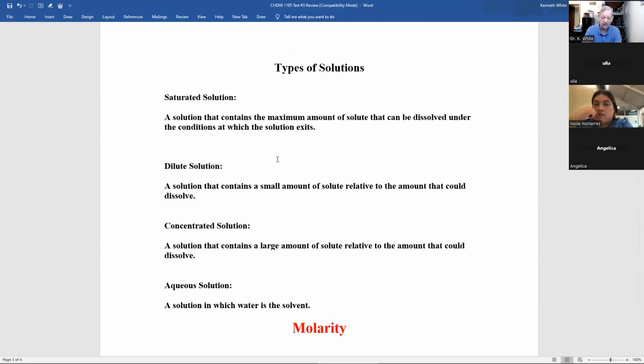Next, we have a dilute solution. A dilute solution is a solution that contains a small amount of solute relative to what you could dissolve. A concentrated solution is a solution that contains a large amount of solute relative to the amount that could be dissolved.